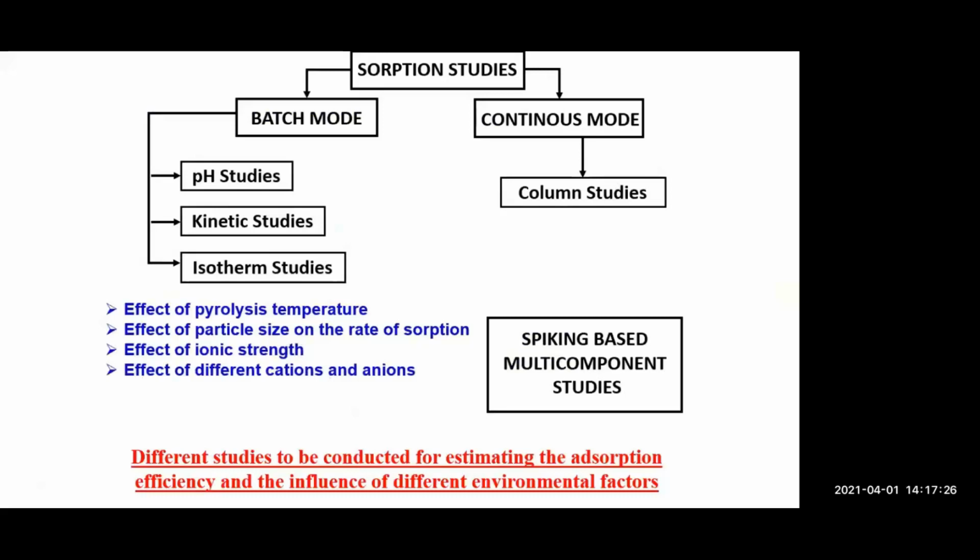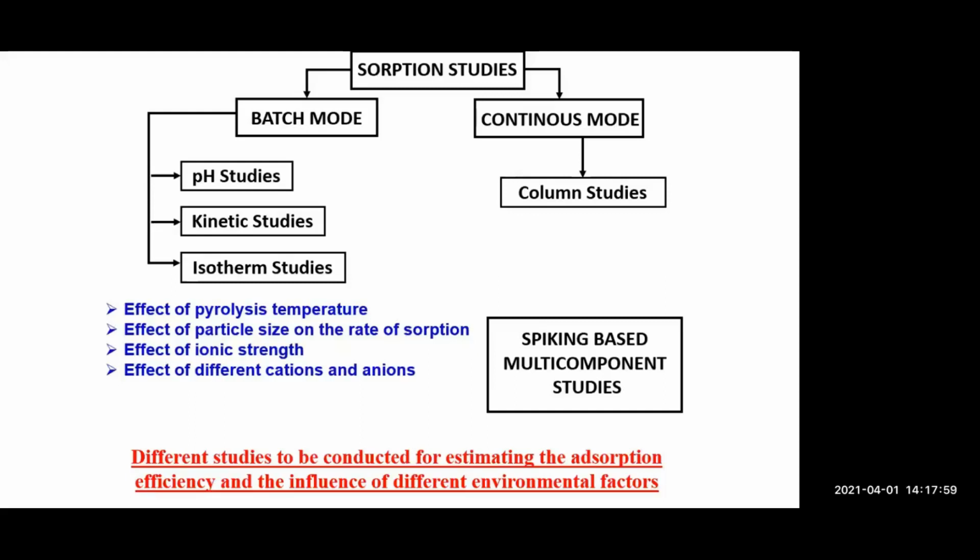Sorption studies. Sorption studies are performed in two modes, both batch mode and continuous mode column studies. The batch mode was used to optimize pH, the effect of dose, effect of concentration, and effect of particle size. Kinetic studies and isotherm studies were performed to evaluate the impact of initial solution temperature upon the sorption process.